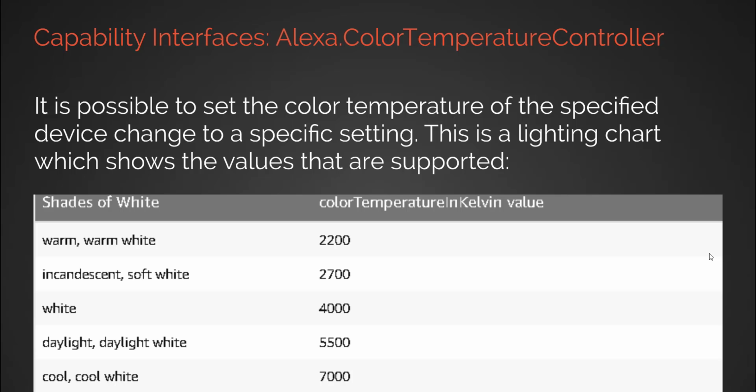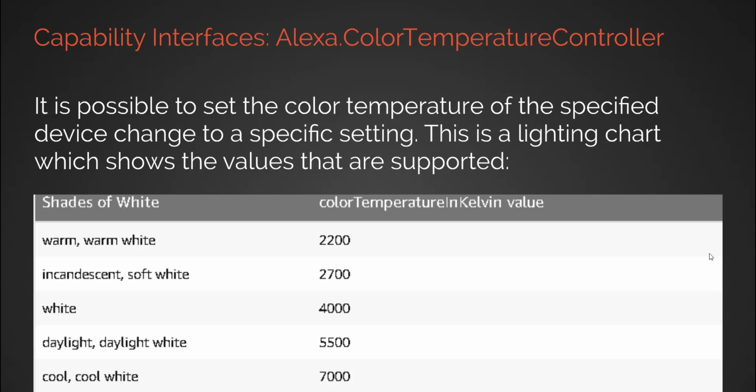It's possible to set the color temperature of the specified device to a specific setting. This is a lighting chart which shows you what values are supported. On the left side, you see warm, warm white, soft white, white, daylight. You can get an idea from those loose terms, and on the right side, exactly how bright that will be.